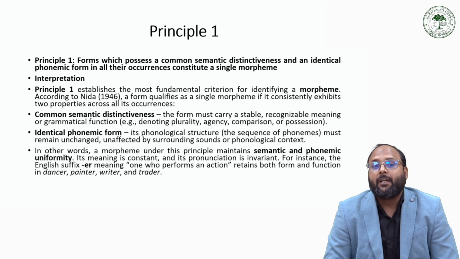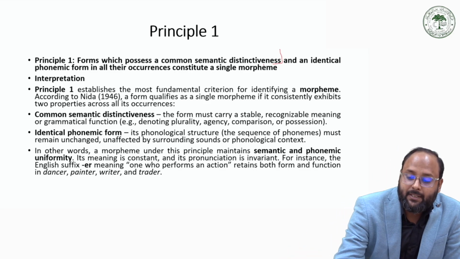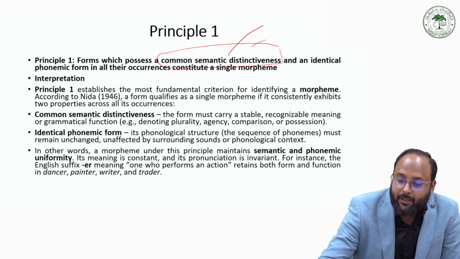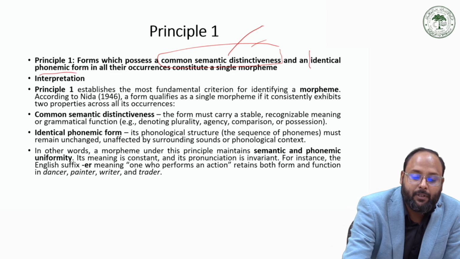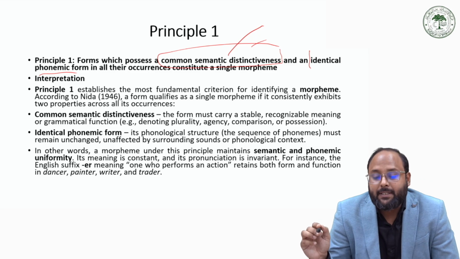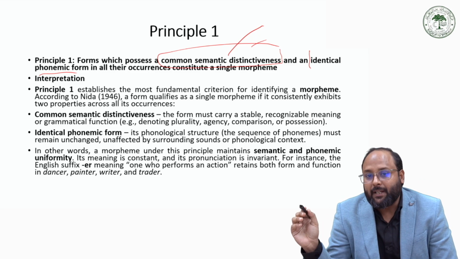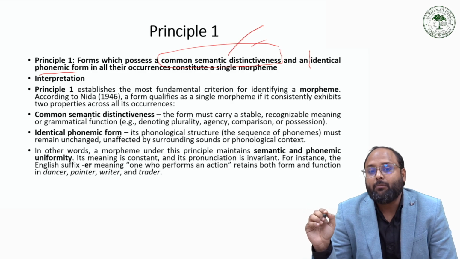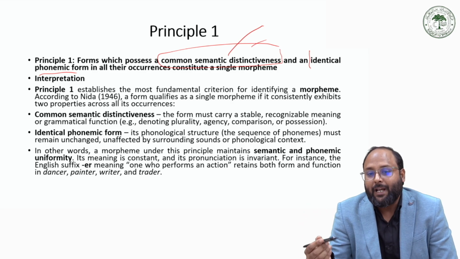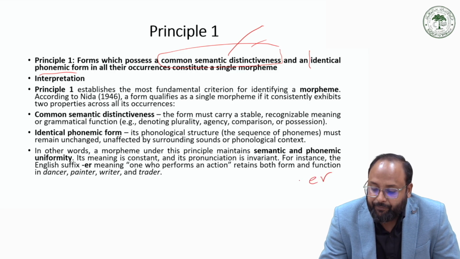In it, forms which possess a common semantic distinctiveness and an identical phonemic form are considered. There are two main terms: one is the identical phonemic form, meaning the form is the same, and the second is common semantic distinctiveness, meaning the meaning is also the same in all occurrences. That is called a single morpheme. For example, in English we have ER.